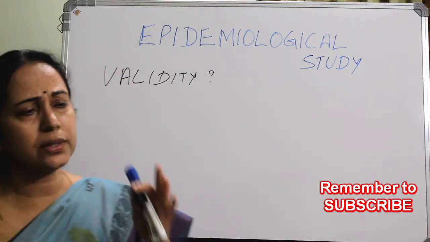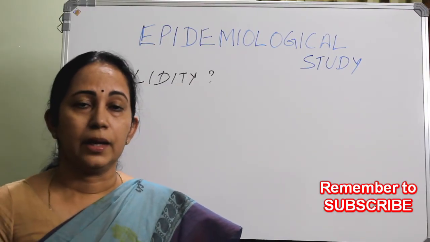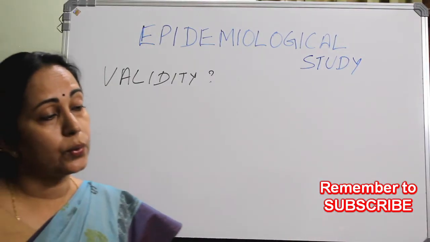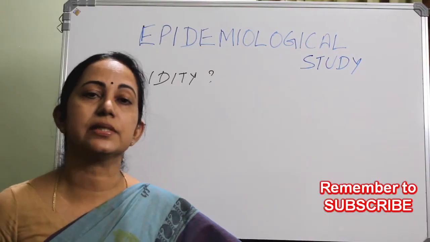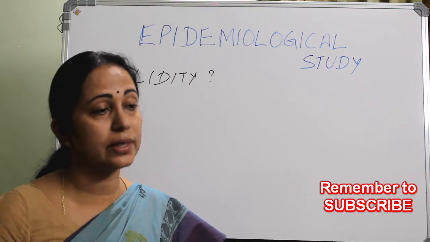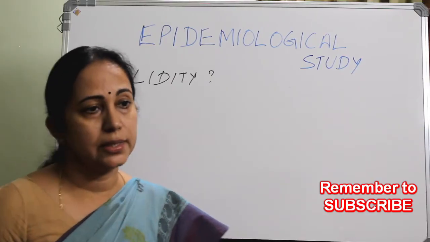And what are the objectives of any epidemiological study? The objective of any epidemiological study is either to accurately measure the frequency of disease, or to accurately estimate the effect of exposure on outcome, isn't it?